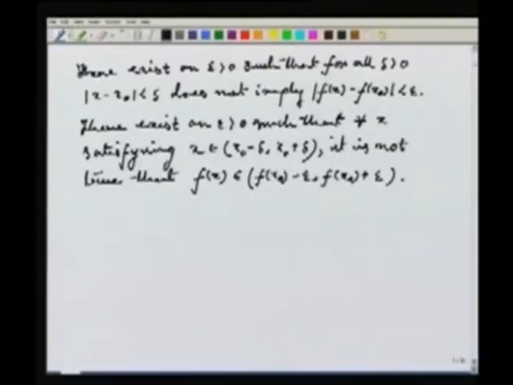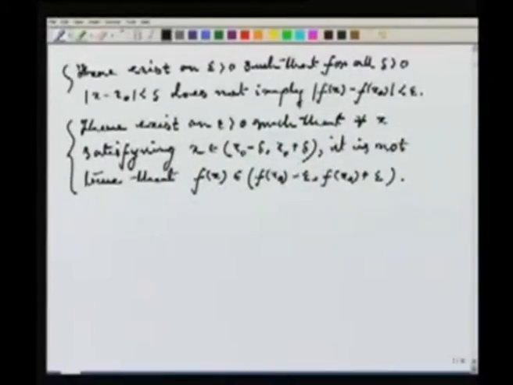And when I say a function is continuous at a point x0, this is precisely the thing which I don't want to happen. Then what should be the definition of continuity of a function? If I don't want this to happen, I define continuity of a function at a point x0 in the following way.